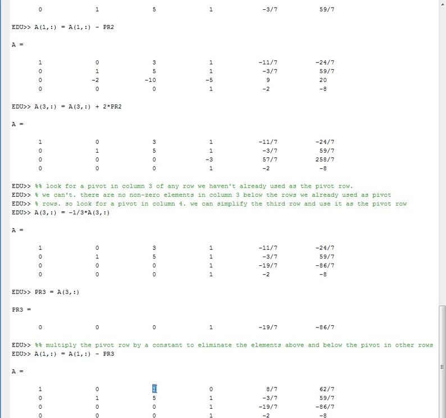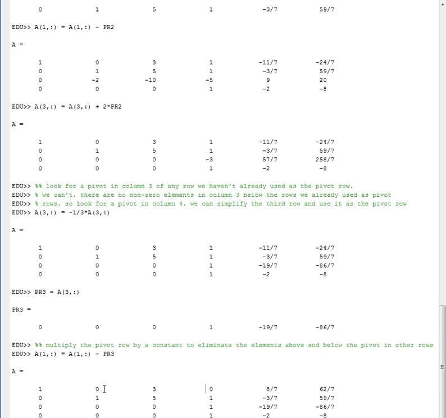Notice that these values to the left don't change at all because of the way the ordering is set up in the reduced row echelon form. And by necessity, these terms to the left of the pivot are all 0. So that way when we add this pivot row or any multiple of the pivot row to another row, all that is affected is entries at the pivot and to the right.